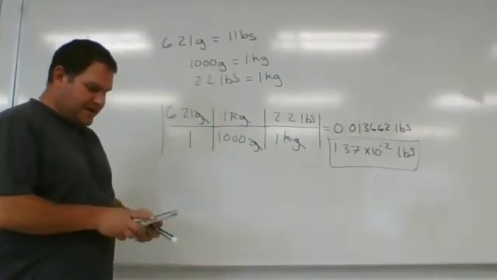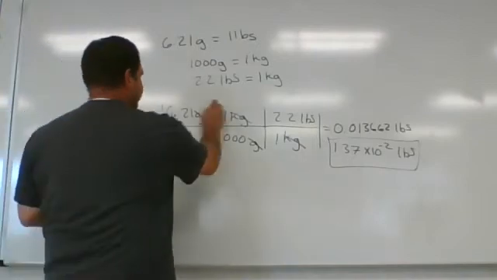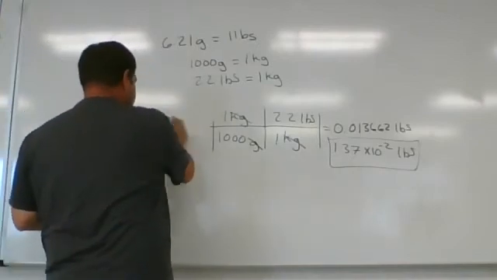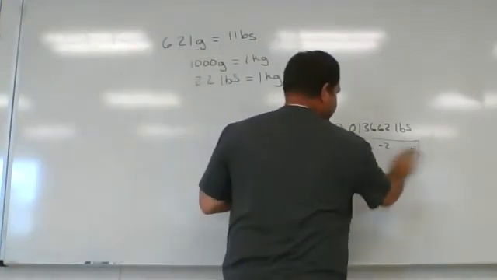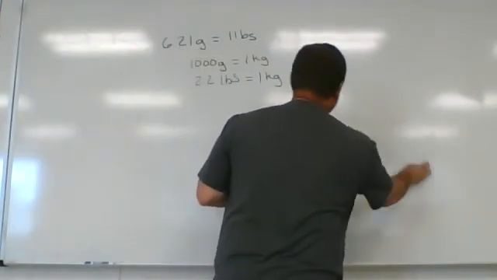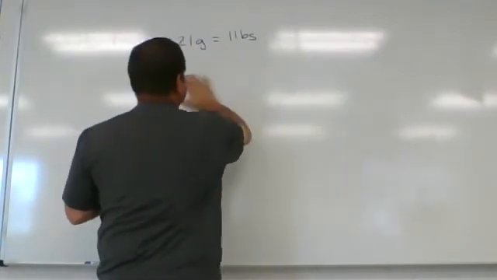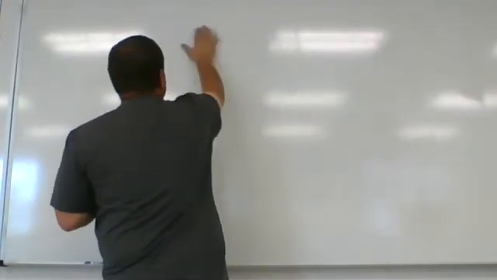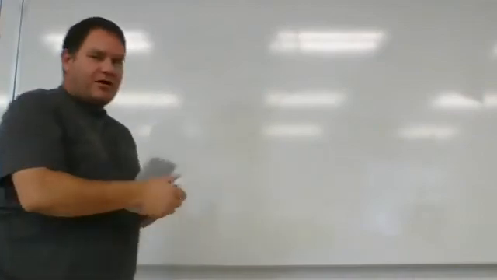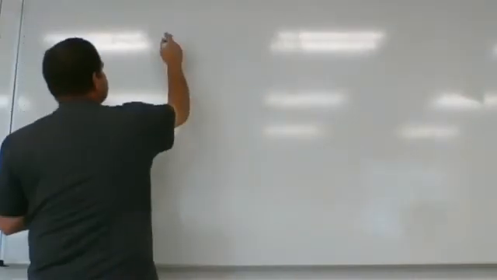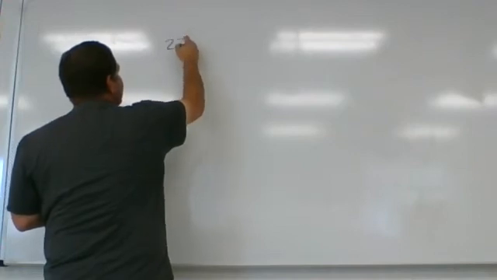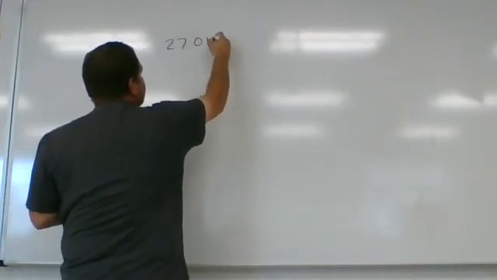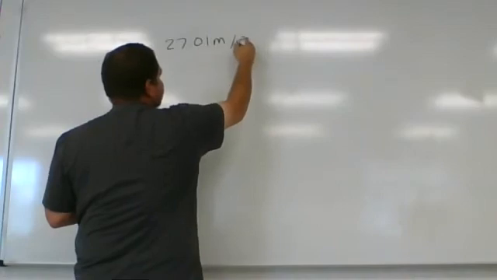all right? All right, let's try something different, okay? Let's try one in which we have 2 units that we're trying to get rid of, okay? 2 units now. So let's say we have a problem where we have, say, 27.01 meters per second, okay?